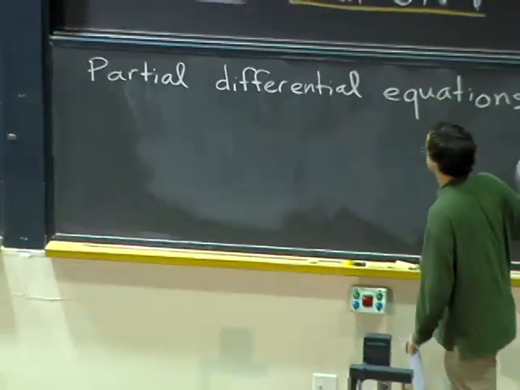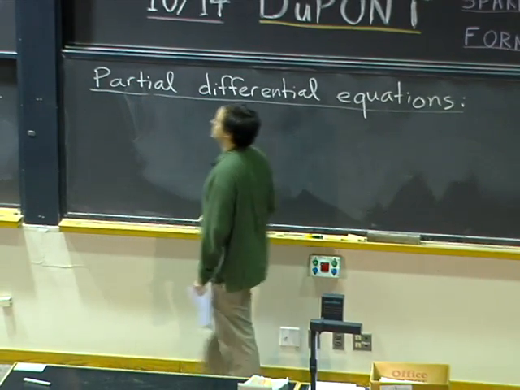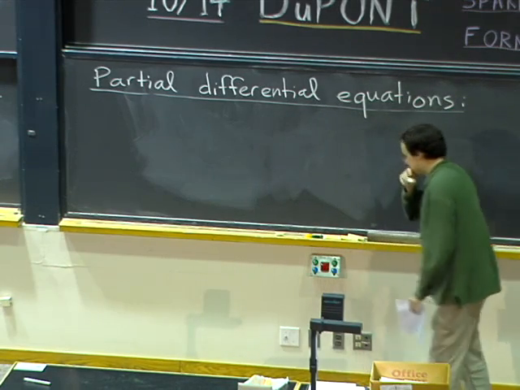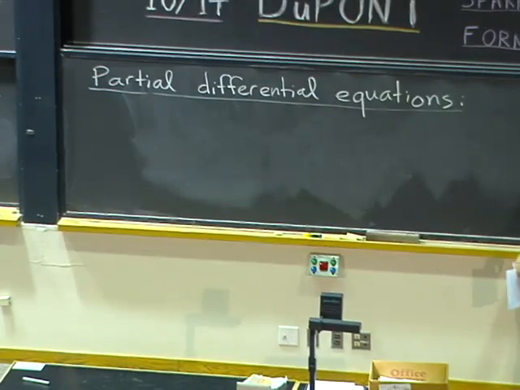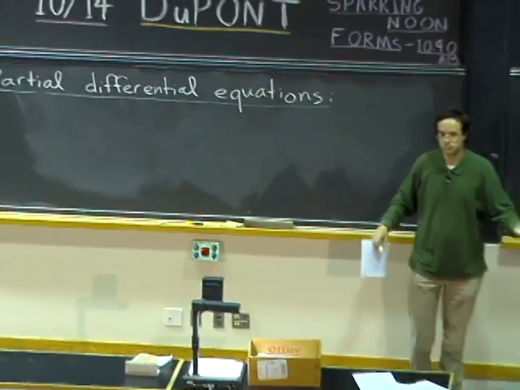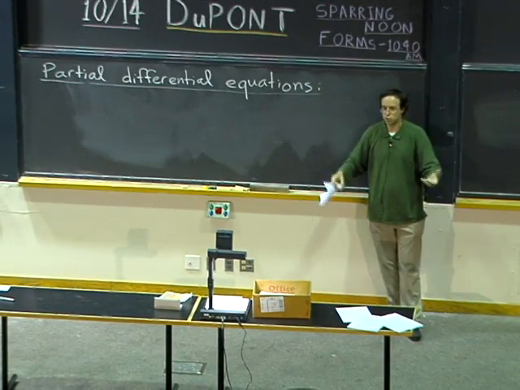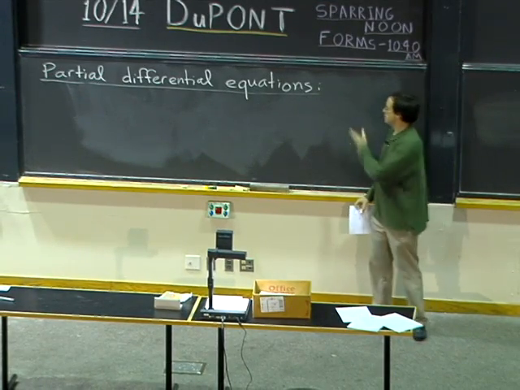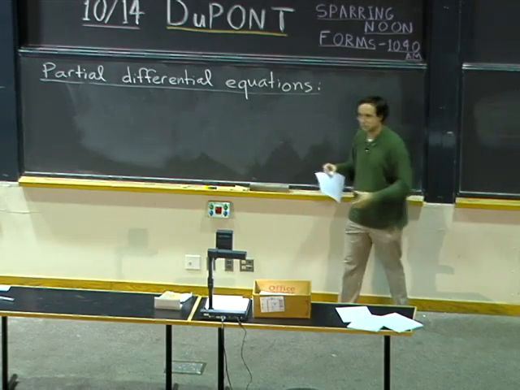Okay, so that's, if you want, a cultural remark about what this is good for. So a partial differential equation is an equation that involves the partial derivatives of a function. So you have some function that's unknown that depends on a bunch of variables, and a partial differential equation is some relation between its partial derivatives.